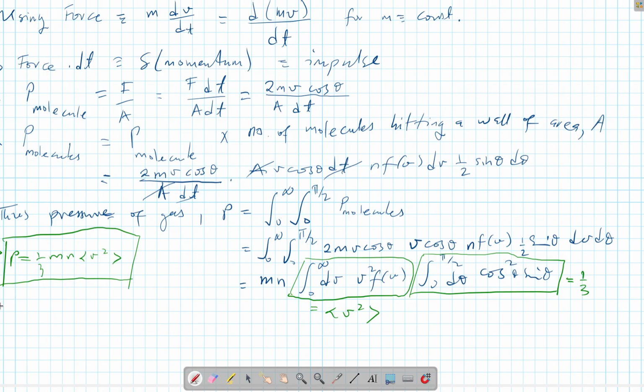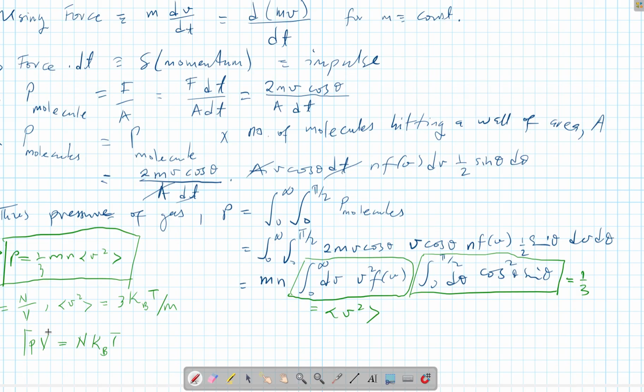Number density is n equal to small n over V. Average of v squared, we have computed the integration earlier. It's 3 kBT divided by m. Right, so with these substitutions we can see that pressure times V is equal to n kBT.